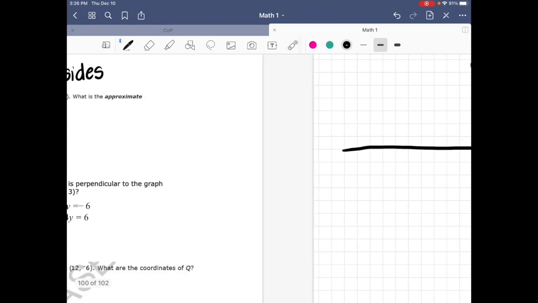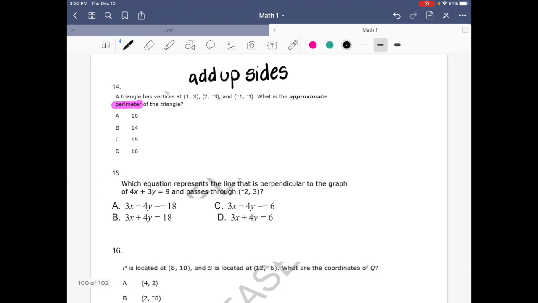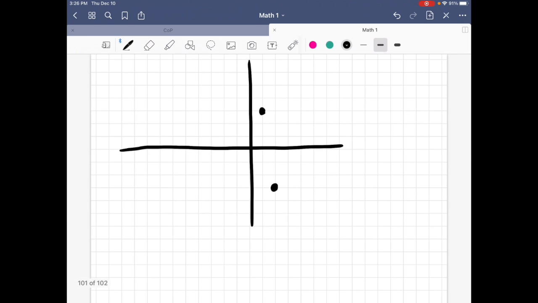So I have the point 1, 3. I have 2, negative 3. And then I have the point negative 1, negative 1. So I have this triangle. Now, to find the perimeter, that means we're going to have to add up the sides.